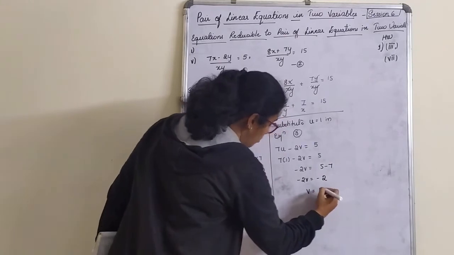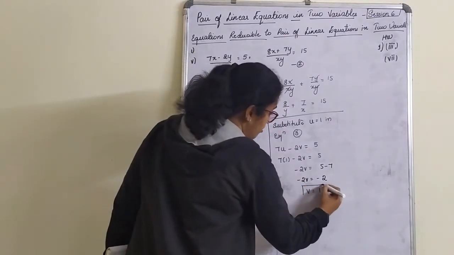So v is also equal to 1. u is equal to 1, v is also equal to 1.